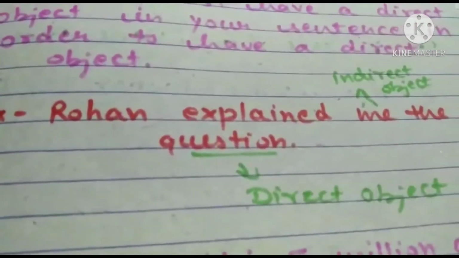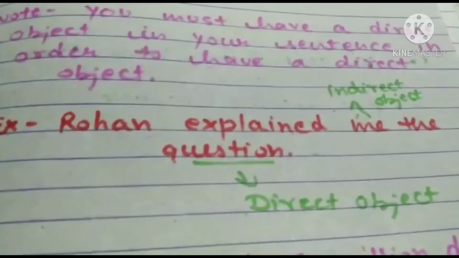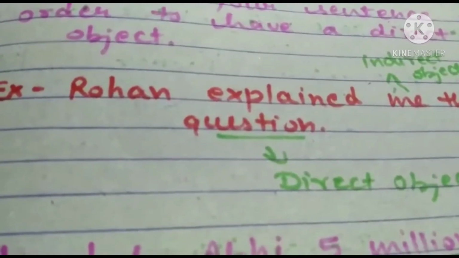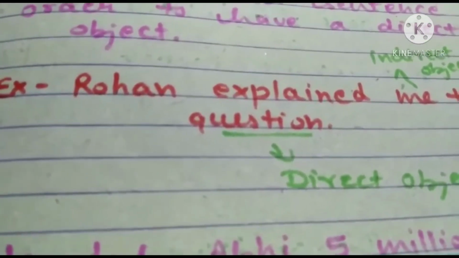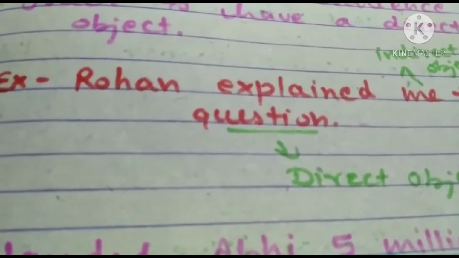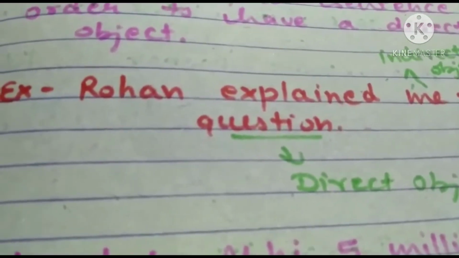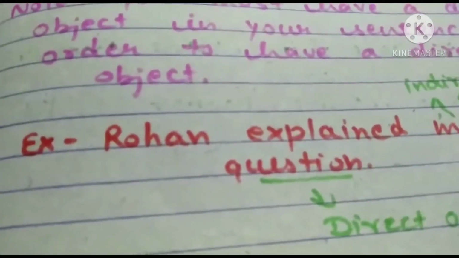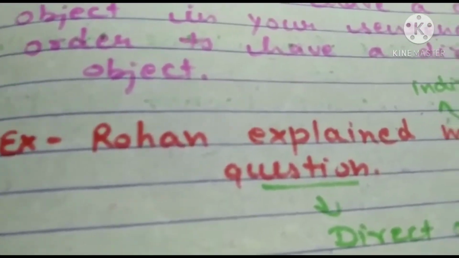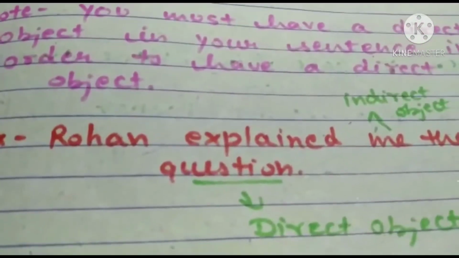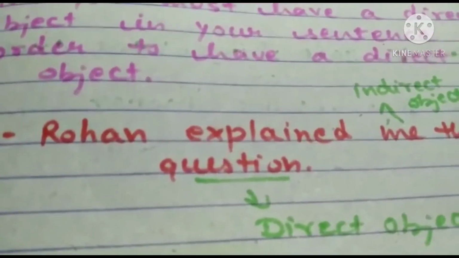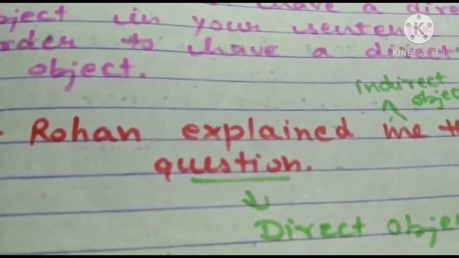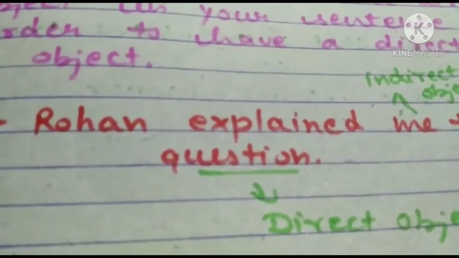So you can see here: Rohan explained me the question. Before we find out the indirect object, let's find the direct object first. Rohan explained what? First of all we got our direct object: the question. Now, who is receiving the explanation of this question?